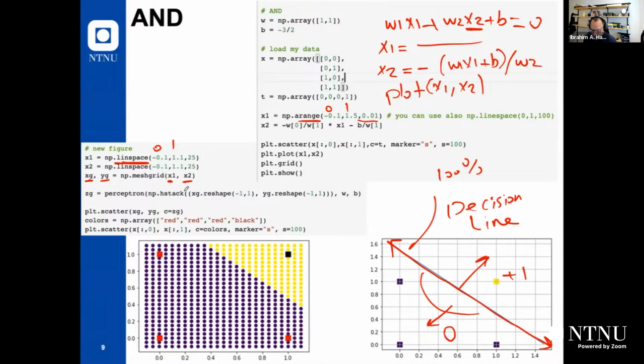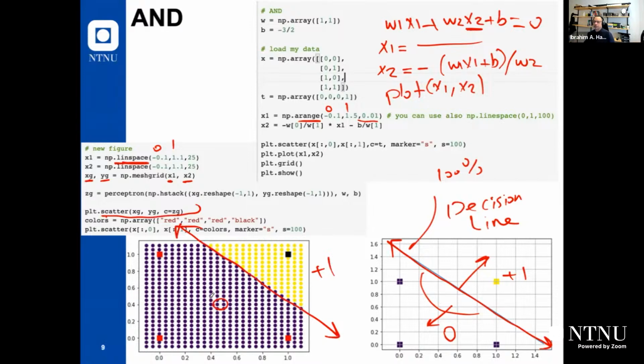After that, I will plot it using a scatter plot with this function. So I will have this. This is in fact my decision line. All data points in blue are classified into +1, and all data points in magenta, I guess, will be classified into 0.